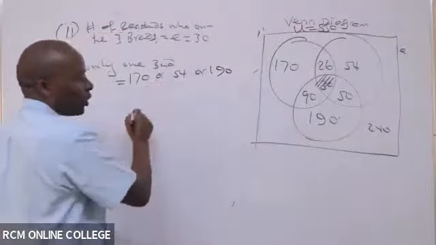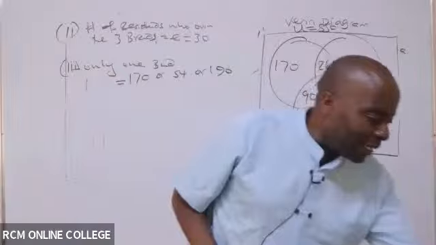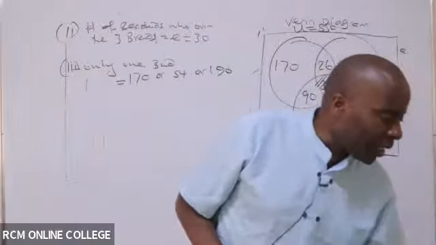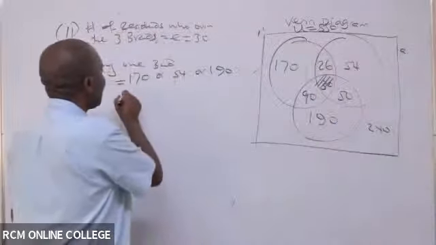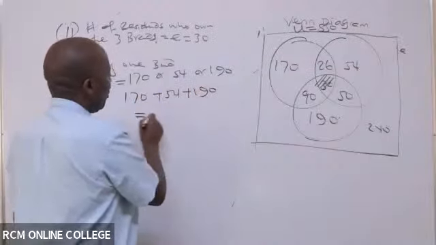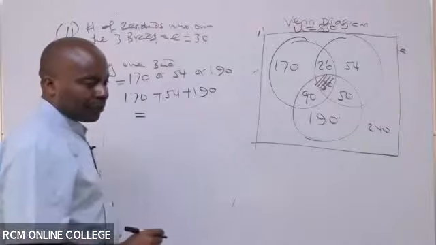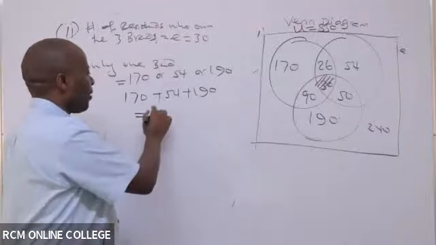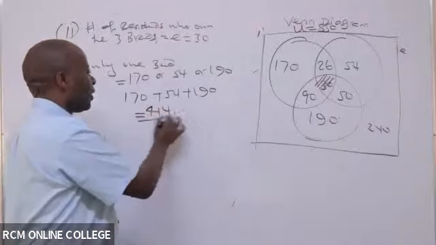Or means that we add. So it is 170 plus 54 plus 190, which will end up giving us 414.